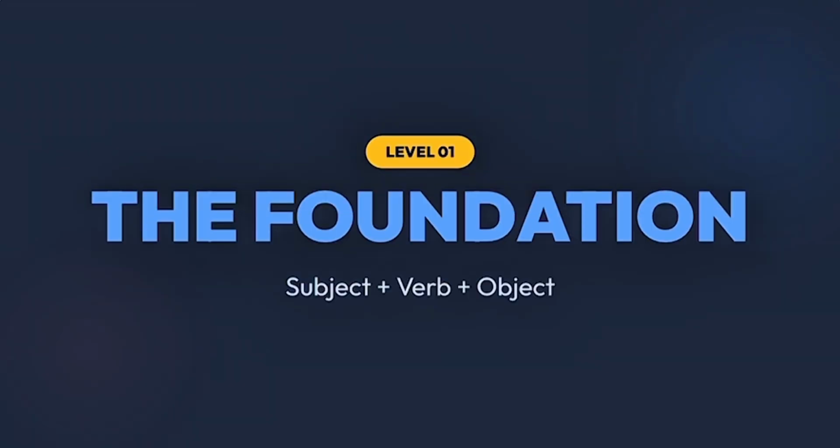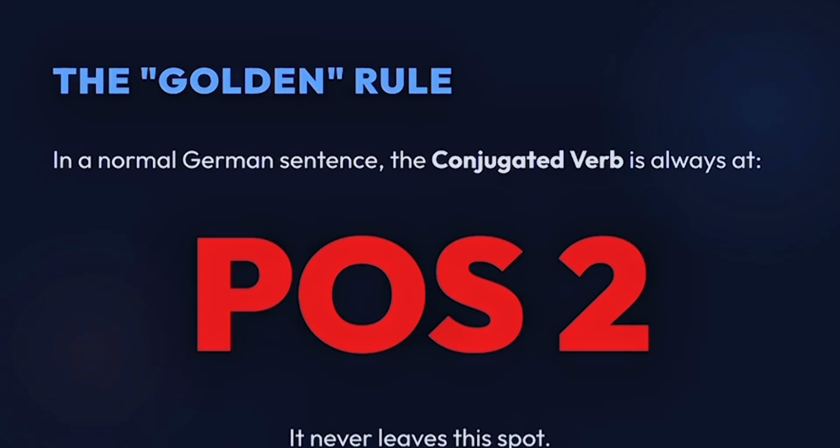So, level 1, the foundation. How do we build a sentence? The golden rule: in a normal German sentence, the conjugated verb is always at position 2. For those who don't know what it means, the verb means to go, to walk, to eat, to drink. But the conjugated verb means I go, he goes.